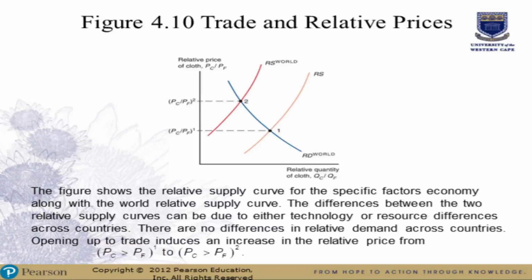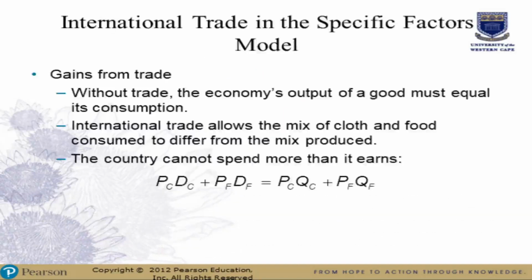Figure 410 shows that with trade, the relative price of cloth increases, causing the economy to produce more cloth. Consumers will respond to the higher relative price of cloth by demanding more food. Therefore, with trade at a higher relative price of cloth, the economy will export cloth and import food.